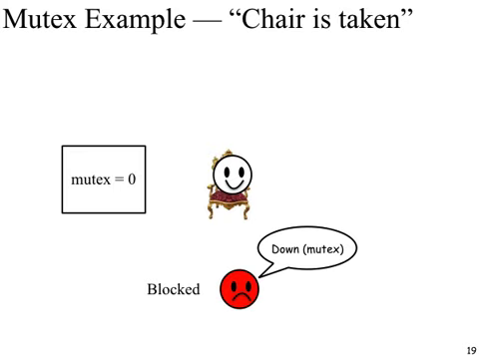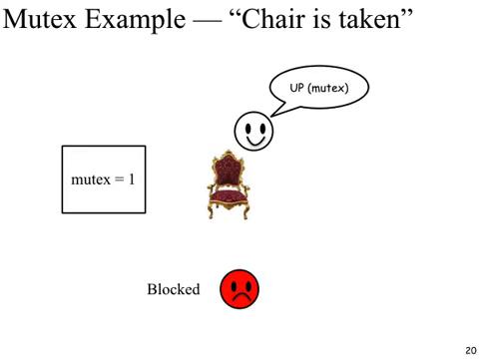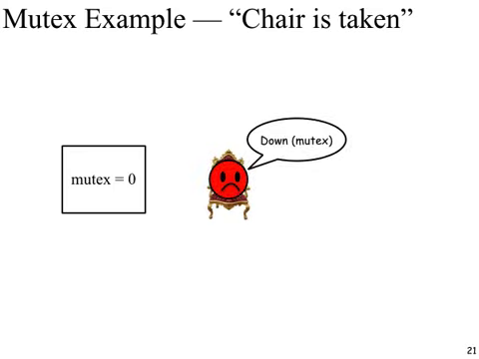When the next person comes in, the down mutex operation blocks. When the first person leaves and performs an up mutex, it means he is releasing the lock on the shared resource, and the mutex goes back to 1. Then the blocked person gets to successfully perform the down operation, and the mutex goes back to 0.